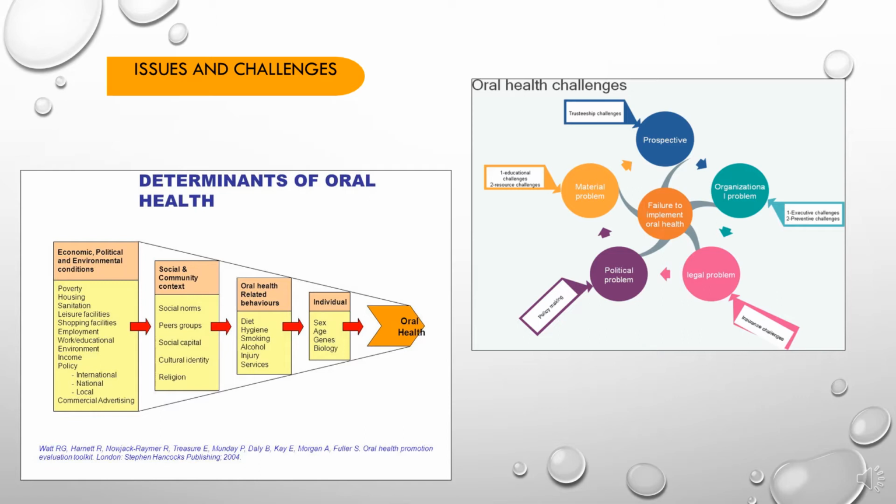Challenges that are involved in the implementation of any success or failure to oral health will be affected by political problems, legal problems, material problems, perspective and organizational problems. So these are the issues and challenges in a broad view.